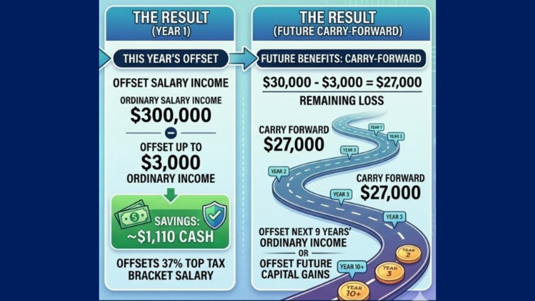Since he has no net long-term capital gains that year, he can use $3,000 of that $30,000 loss to offset his $300,000 income. Doesn't sound like much as a percentage, but hey, every little bit helps, especially if you're in a 37% tax bracket.